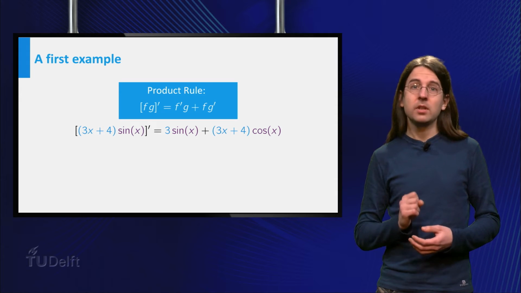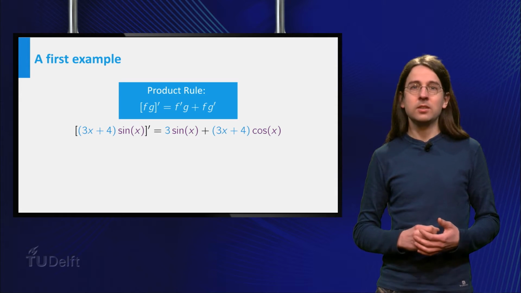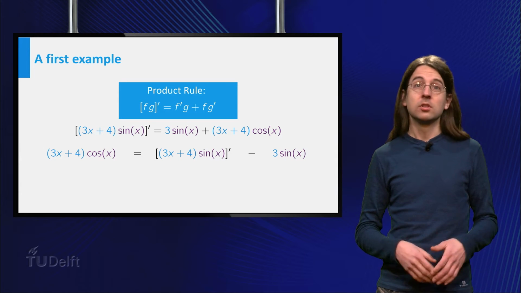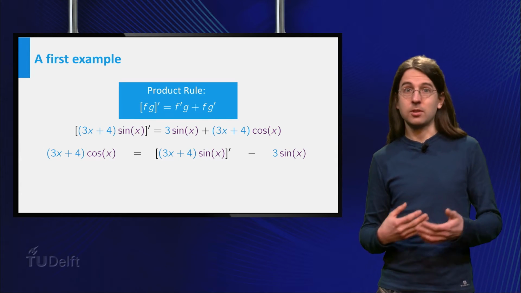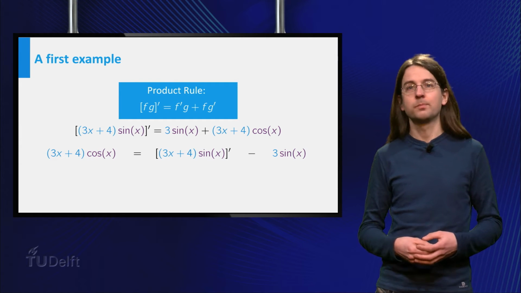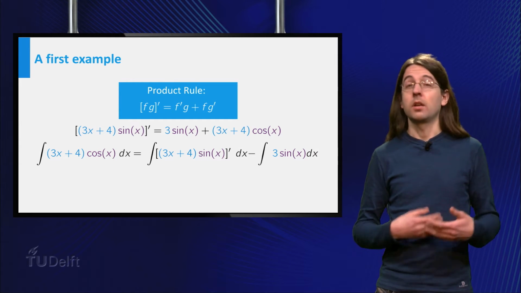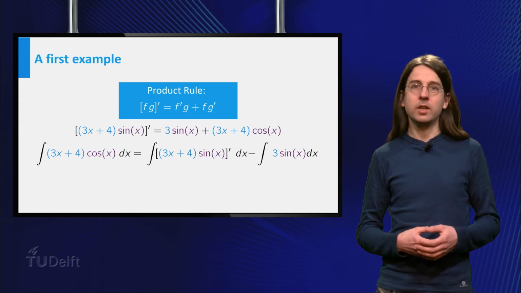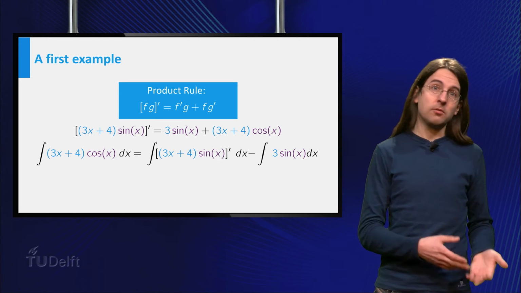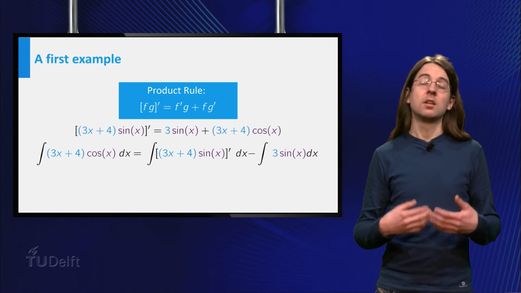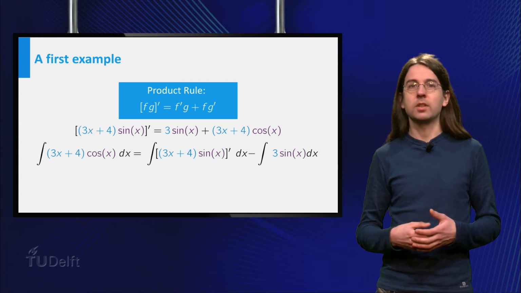The first step is to write the relation as (3x + 4) times cosine of x equals the derivative of (3x + 4) times sine of x minus 3 times sine of x. Integrating both sides, we get that the integral of (3x + 4) times cosine of x equals the integral of the derivative of (3x + 4) times sine of x minus the integral of 3 times sine of x.